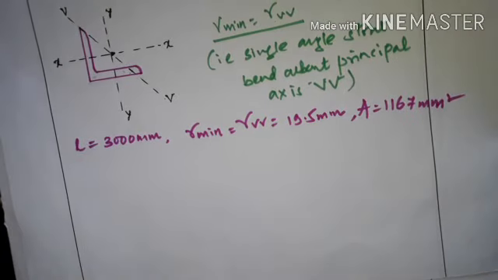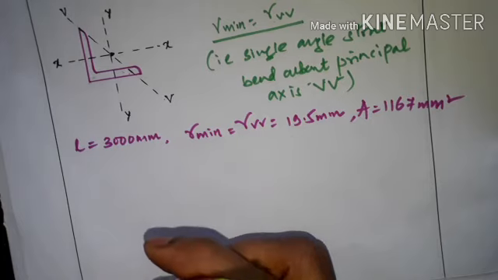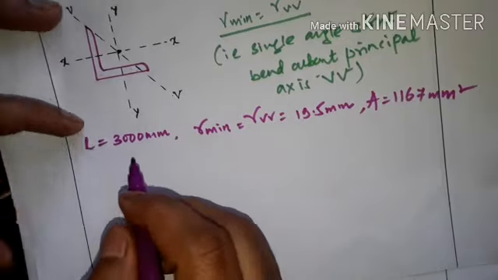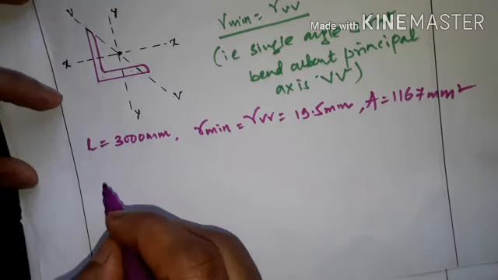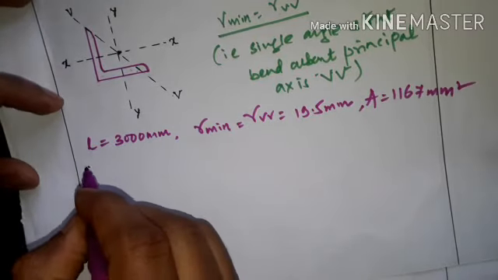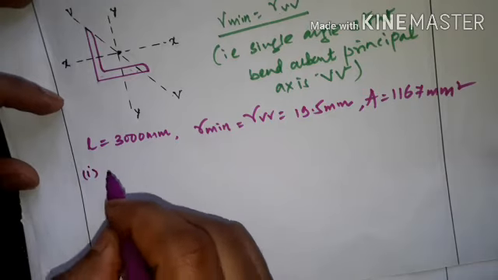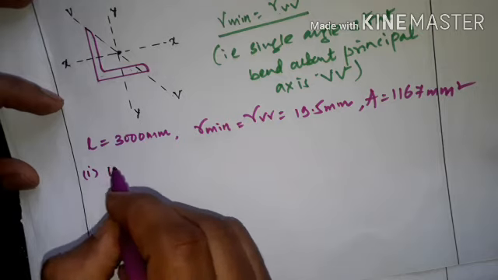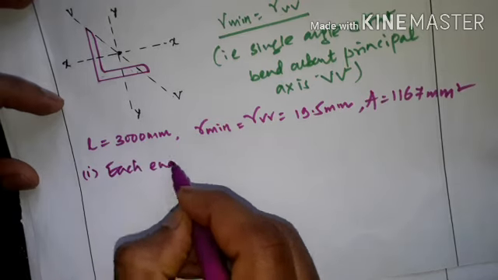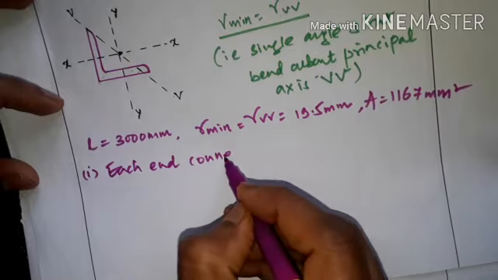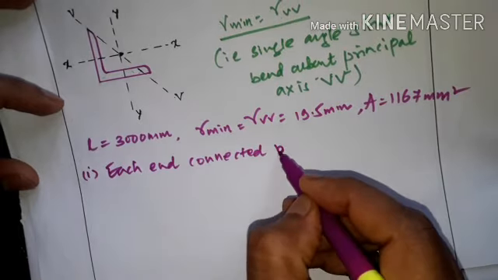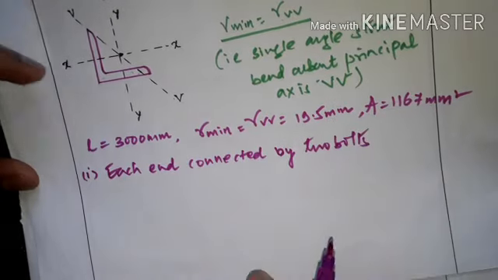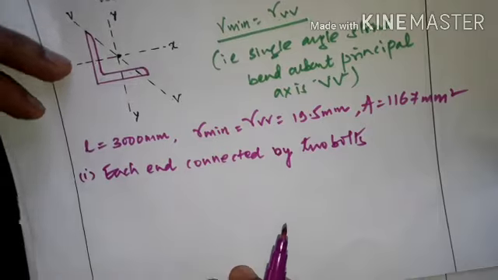Therefore, the first case we are solving here is where each end is connected by 2 bolts.